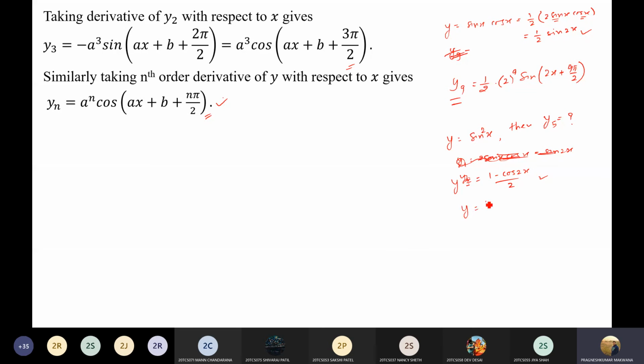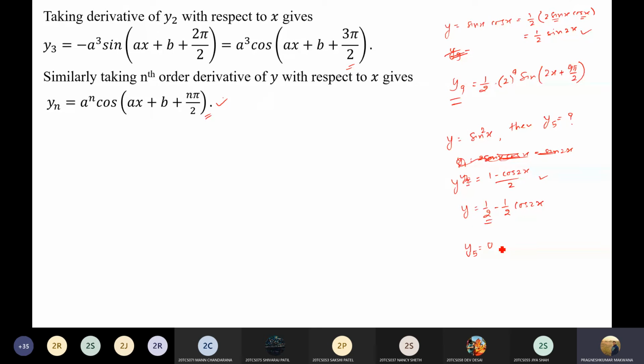So y is equal to 1 by 2 minus 1 by 2 cos 2x. Now this is a constant term. So what is the derivative of the constant term? The first derivative is 0. So here we want to find out the fifth derivative.